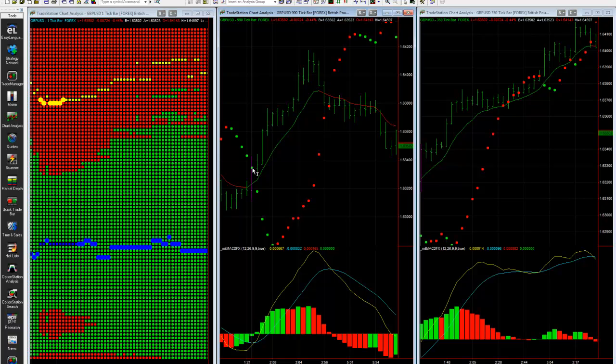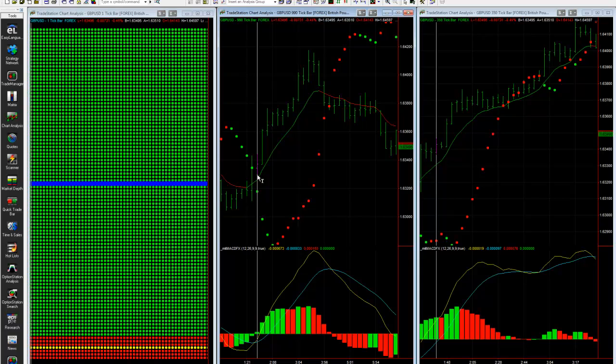So the way you would read this is on this bar, the market closed at 1.63343. This dot is at 344. So it's very close to where the market is. It's only a couple of ticks away from actually crossing over. And we see that, in fact, the market did cross over between that bar and the next bar.